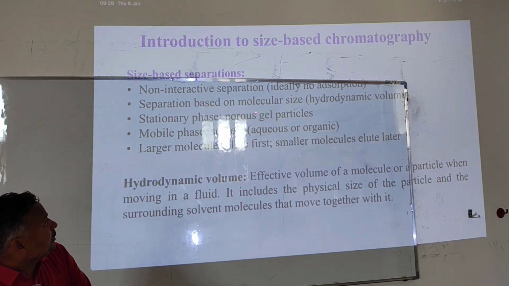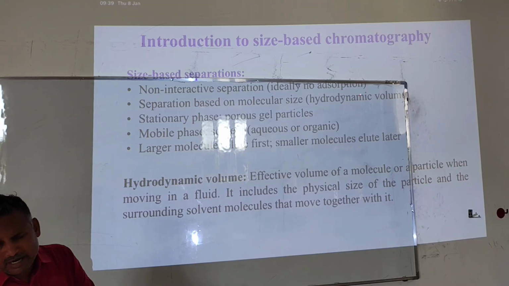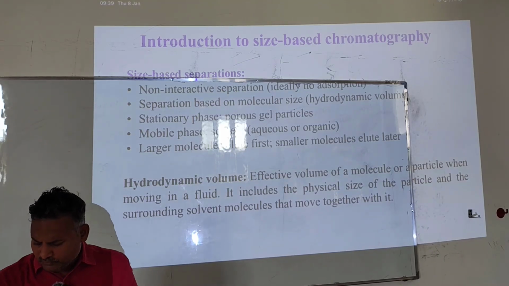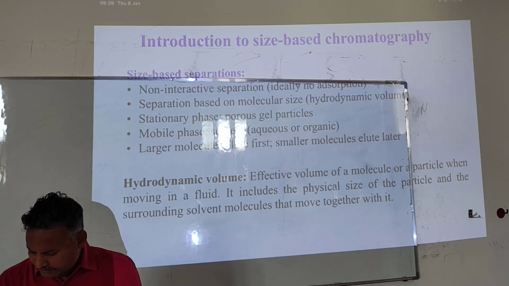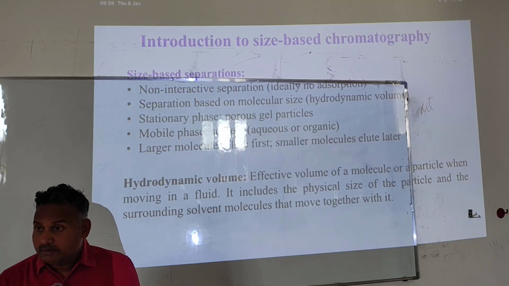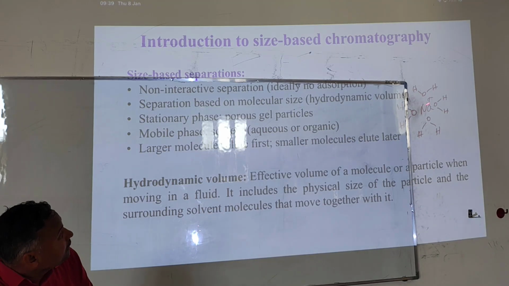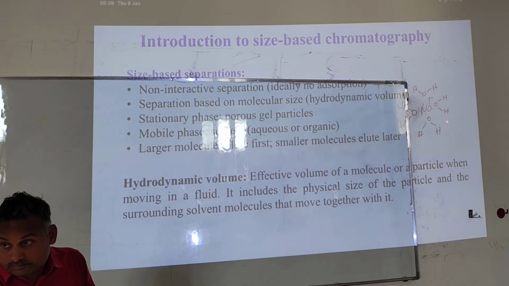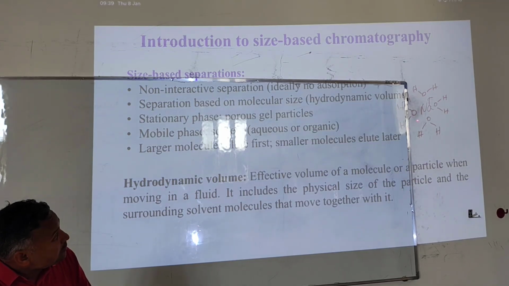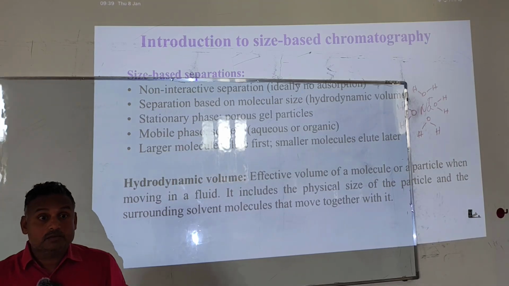Separation is based on molecular size. There is hydrodynamic volume. Hydrodynamic volume means, for example, if you have an ion here, Na+, there will be solvation. You have an idea about solvation. If you consider Na+ present in water, it is surrounded by solvent molecules because of solvation.